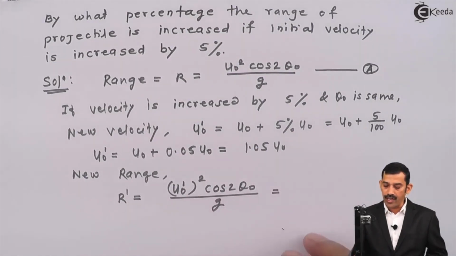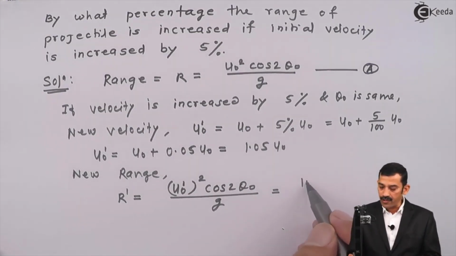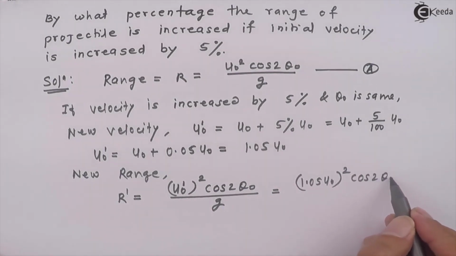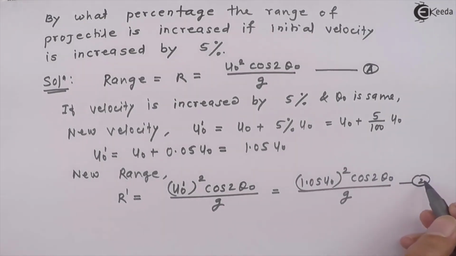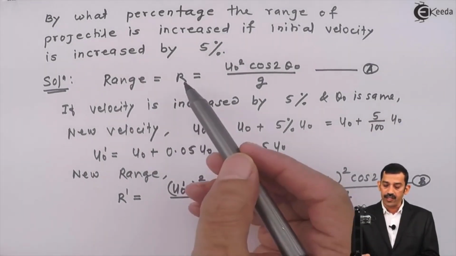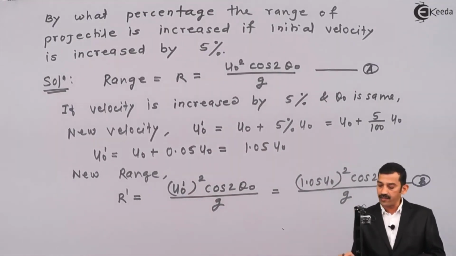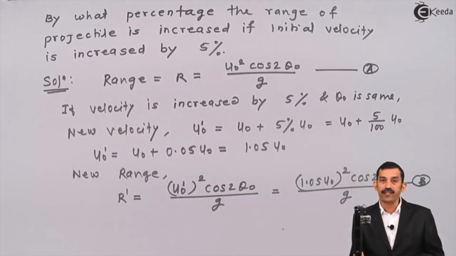Now u0 dash is 1.05 u0, so I substitute 1.05 u0 squared times sin of 2 theta 0 upon g. Call the first equation A and this one equation B. The initial range is R, and when the velocity is increased by 5% we get R dash by equation B. We have to find by what percentage the range is increased.